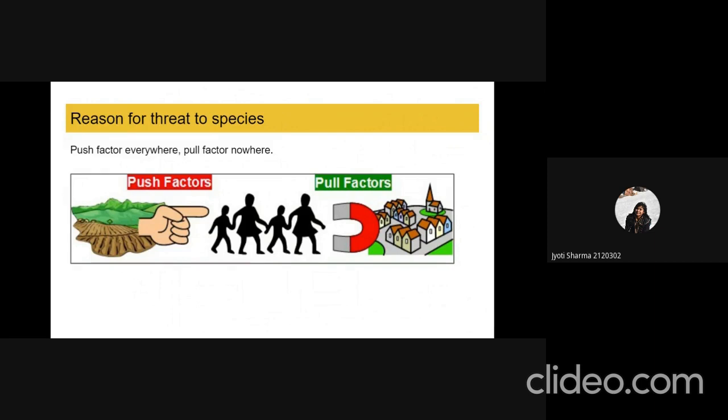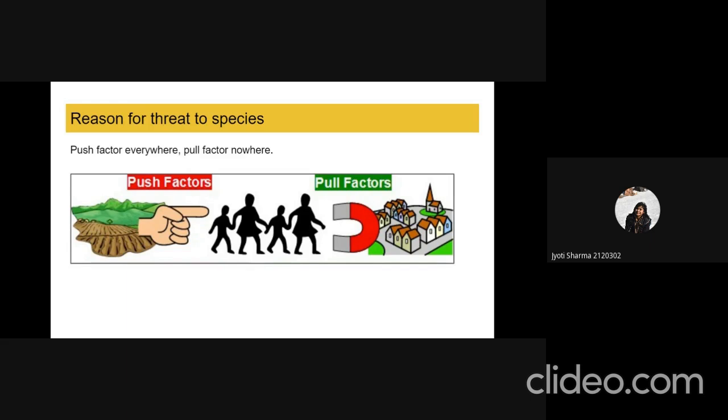A push factor is a condition that leads species to go away from their natural habitat, like it is pushing the species to go somewhere else. And a pull factor means the condition is favorable, the factors are such that they are attracting the species to come with it.